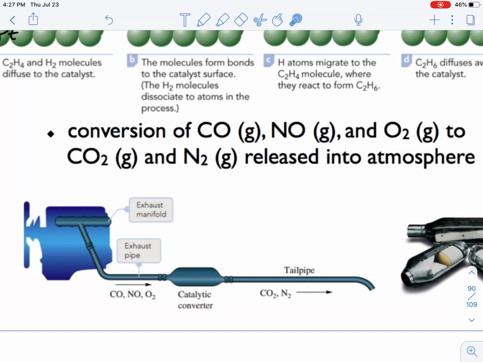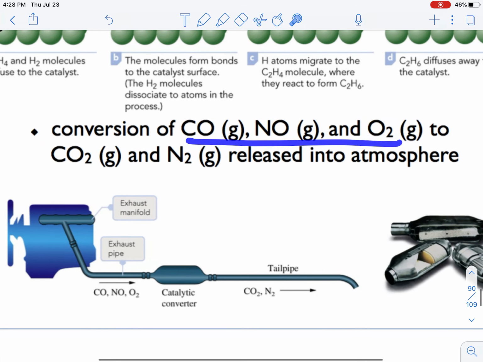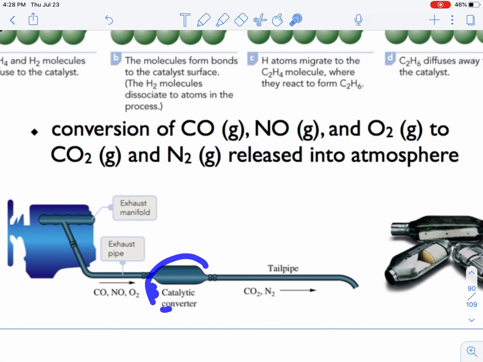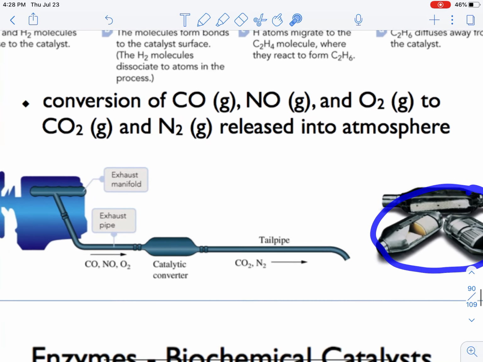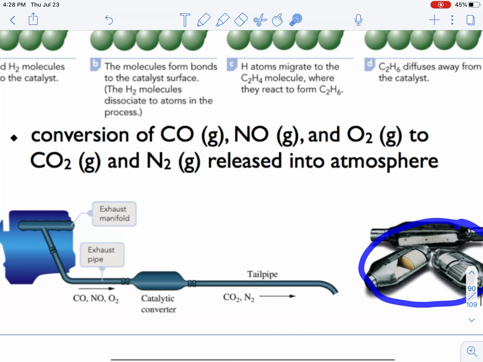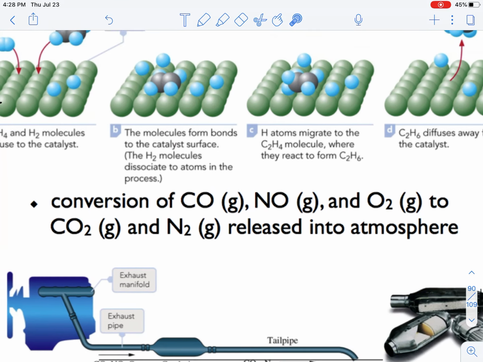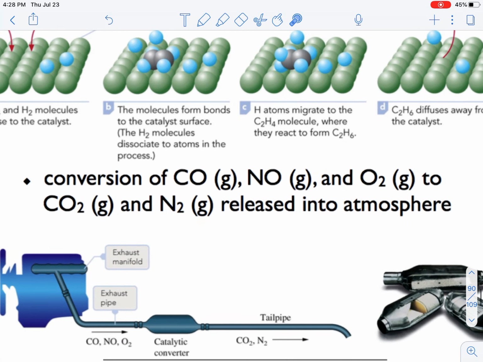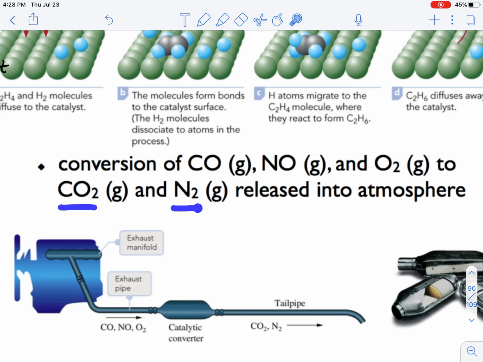These gaseous particles will pass through a catalytic converter, which is typically present underneath the chassis of your car. The catalytic converter looks something like this. That allows these gas molecules to adsorb onto the surface of the metal, allowing carbon dioxide and nitrogen gas to be produced and later released into the atmosphere through the tailpipe.